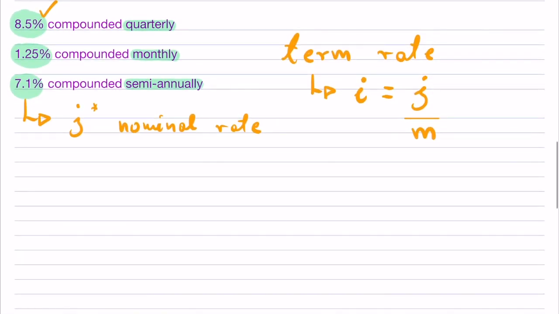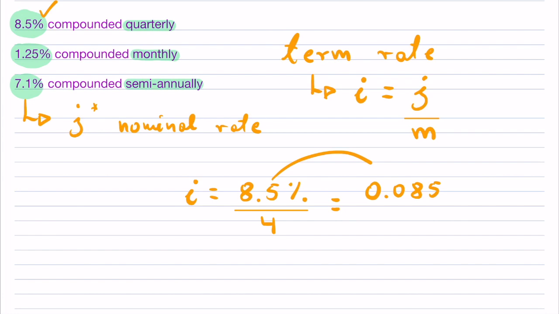So if we have 8.5% compounded quarterly, then i is equal to 8.5% divided by 4. Now, if you're actually inputting this into a formula, you can also change the percent back into decimal, and that would be your i.